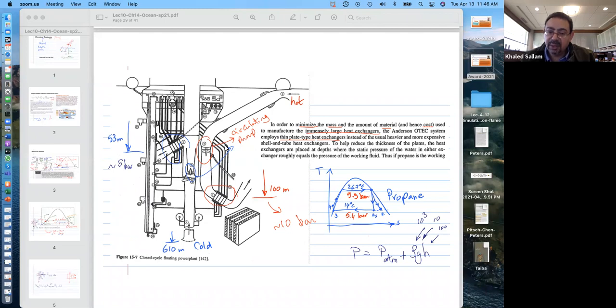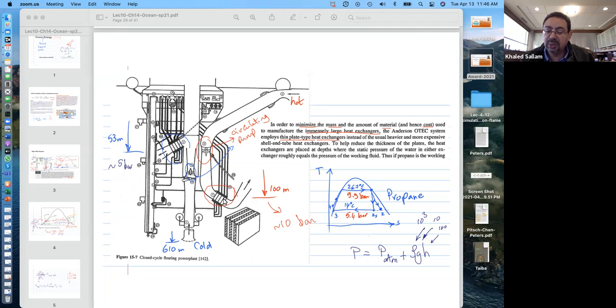The hot water, if you take it down there from the surface, and the propane or whatever the working fluid is on this side, both of them will end up having 9 bar, right?